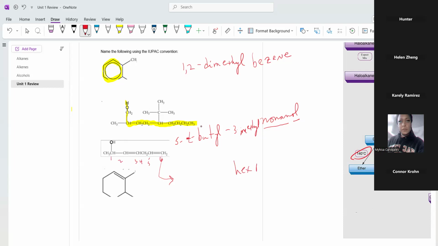So it's a hexadiene that is also an alcohol.